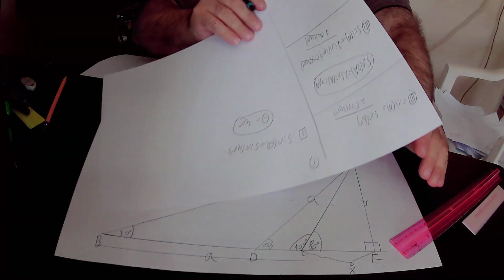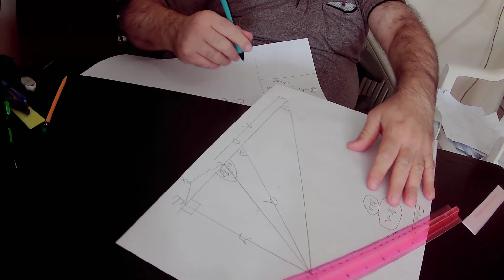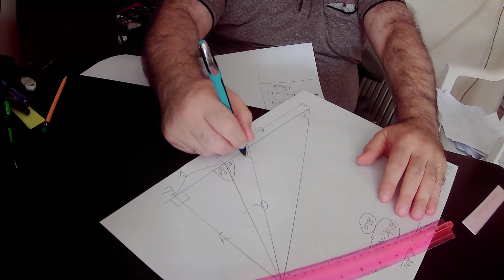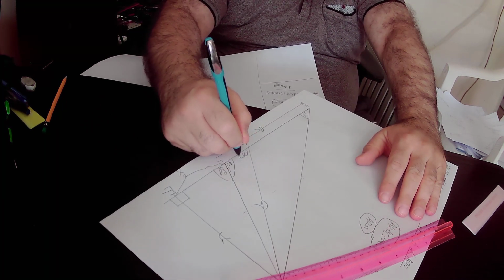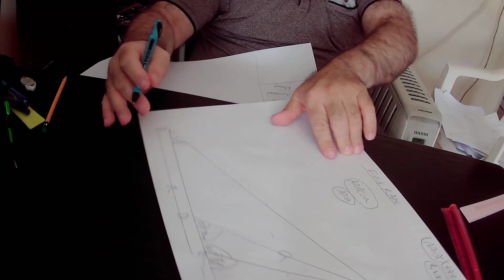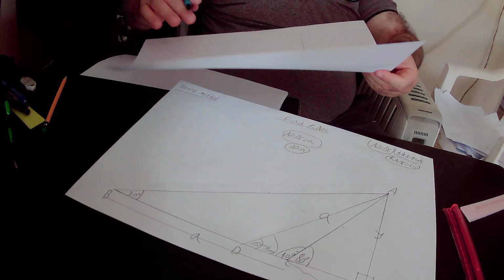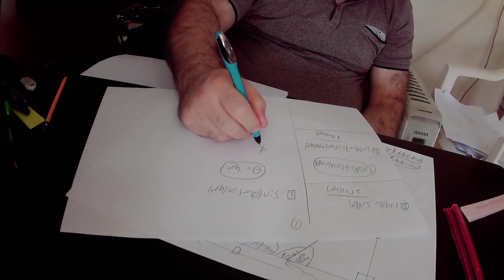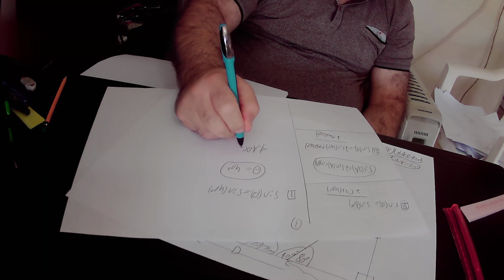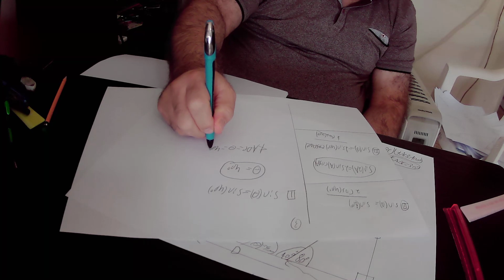So we found out that this angle theta equals 40 degrees. And actually the angle that we are looking for, that is angle ADC, equals 40 degrees. So angle ADC, the angle that we are looking for, is equal to angle theta that equals 40 degrees.